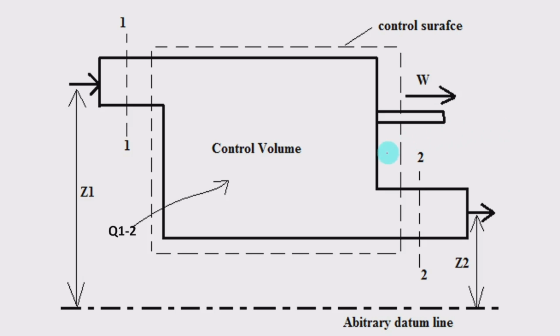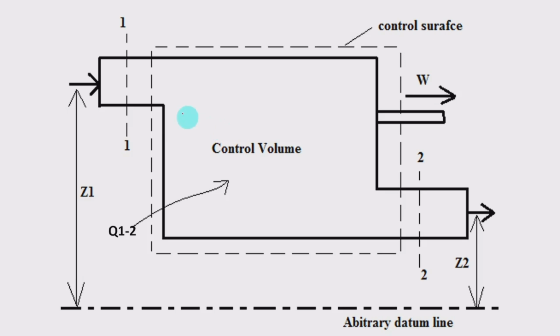Here, the one steady flow system we will consider is a steam turbine. In the steam turbine, the steam enters the system where the energy is converted into work. The heat energy contained in the steam will be converted into work and the remaining steam will be discharged at the outlet.